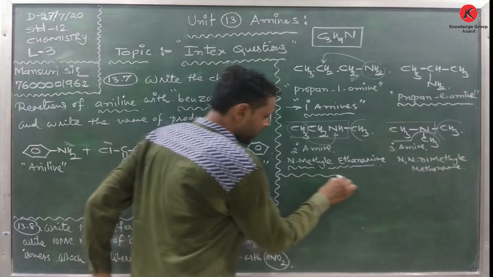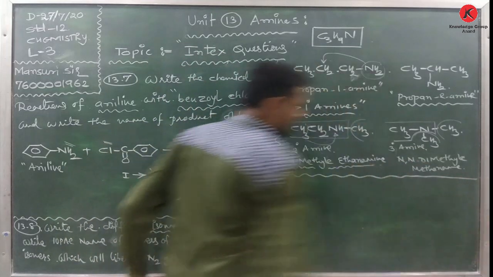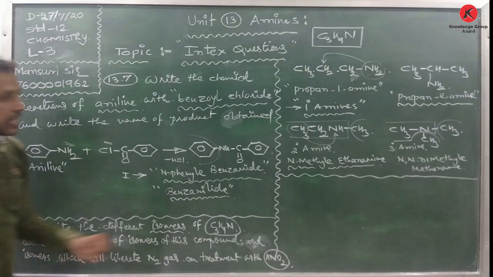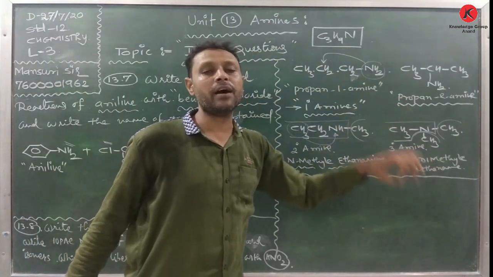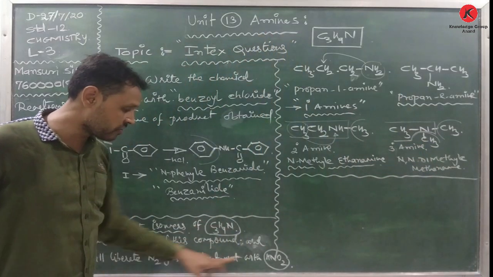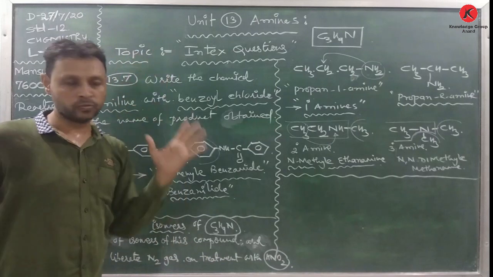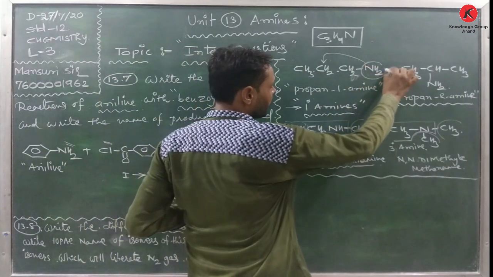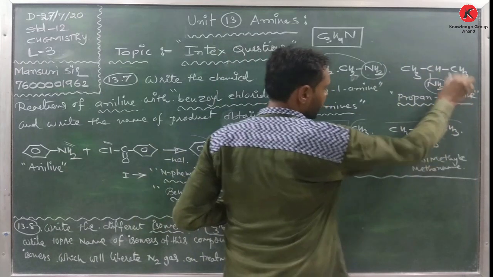Now, the second question is this: which will liberate N2 gas? Among these 4 compounds, which will liberate N2 gas by treatment with HNO2? Now, nitrous acid reacts with only and only primary amines.